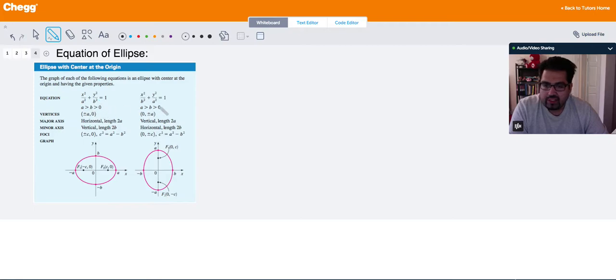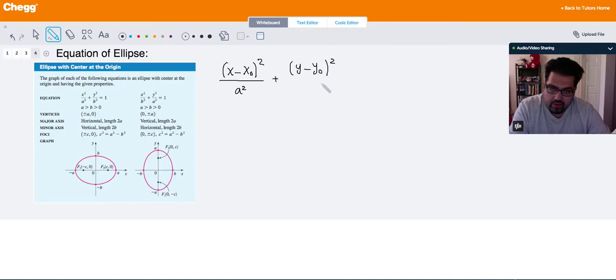If I want to have it in a different position with a different center, I would have the equation like this: (x minus x0) squared over a squared plus (y minus y0) squared over b squared equals 1.